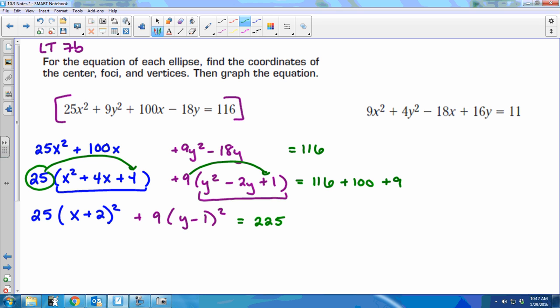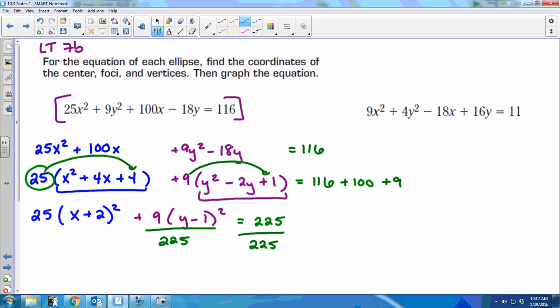Almost done. There's one more step. Yesterday, if you remember the equations for an ellipse, every single equation for an ellipse has to equal 1. So it can't equal 225. So if I want this equation to equal 1, what should I do? Divide by 225. 225 divided by 225 is 1.